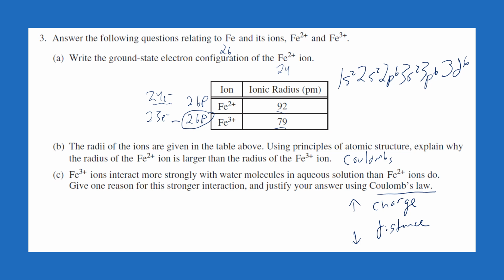The iron 2+ ions have a slightly larger radius than the 3+ ions, but we know they have the same number of energy levels. So really the best explanation is going to be based on the charge, and that's because the iron 3+ charge will exert a greater force of attraction than the 2+ charge. And it'll interact with the negative end of the water molecule to form an ion-dipole interaction.